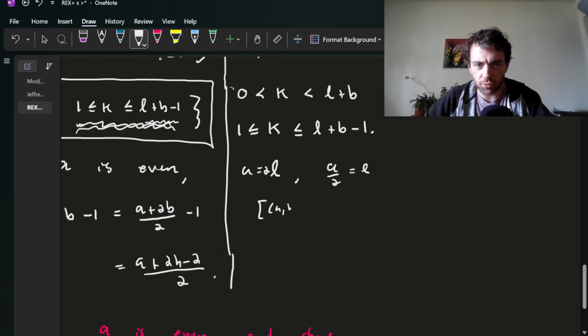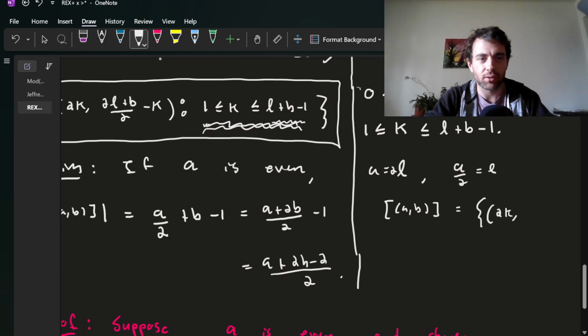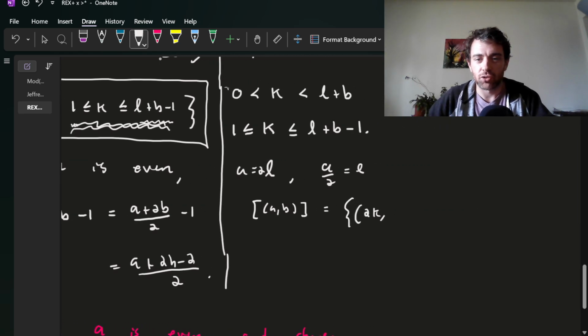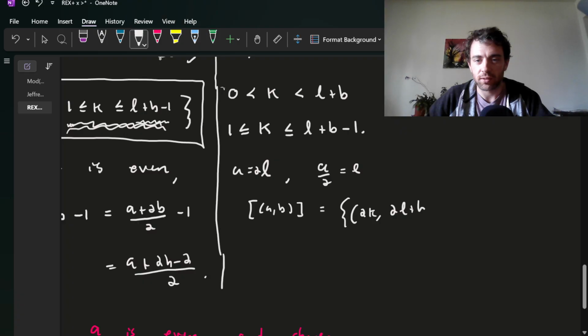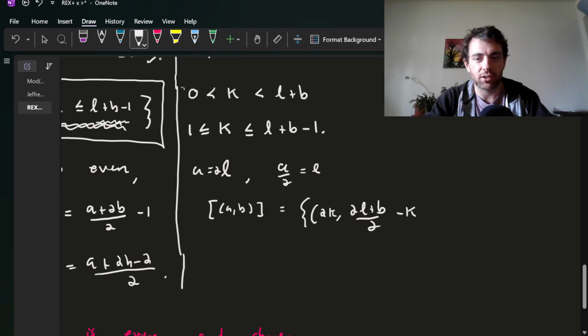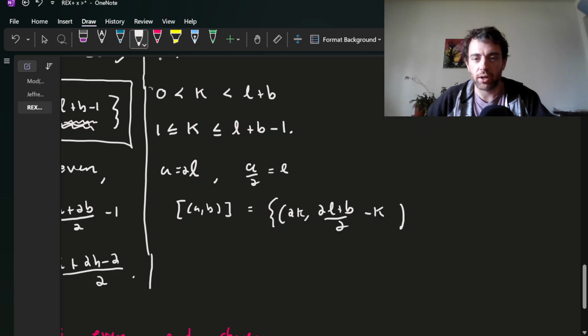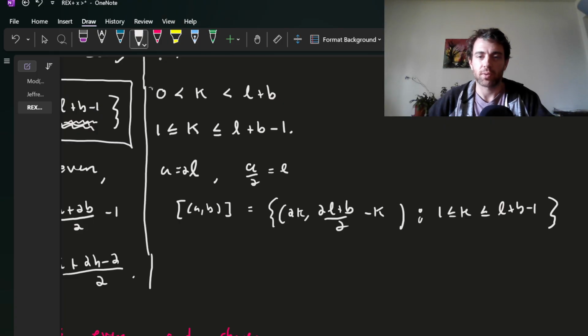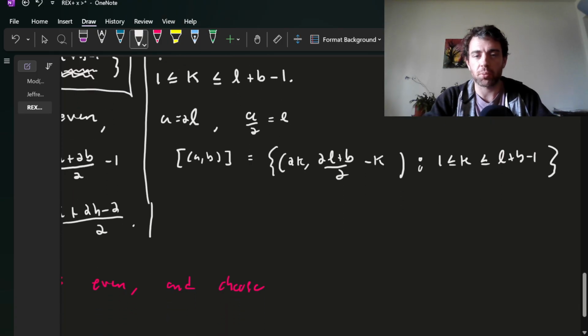So I'm trying to prove that the equivalence class of A and B is equal to the set of all pairs 2K, 2L plus B minus K, where K is between 1 and L plus B minus 1, right?